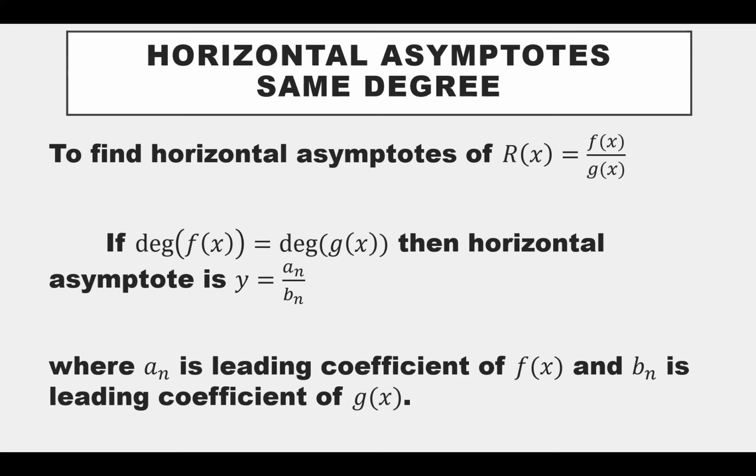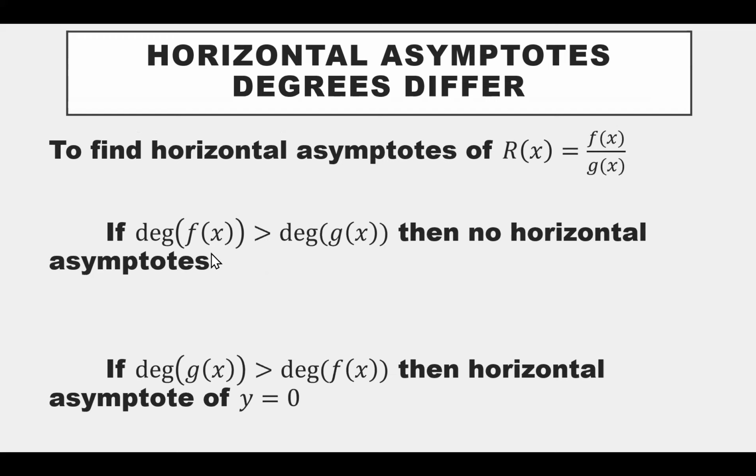That's going to always happen with rational functions. We can look at the degree and very quickly decide what the horizontal asymptote is doing. If the degrees match up, then we take leading coefficient divided by leading coefficient.